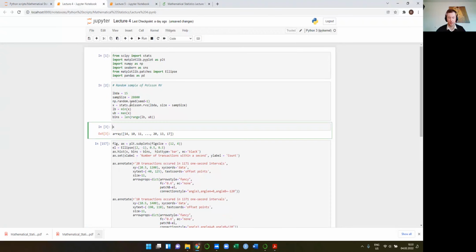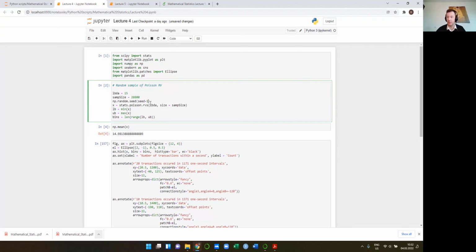Then, when we calculated the mean of these values, we got 14.98, which was the estimate of lambda hat by the method of moments. Maximum likelihood gives us the same result.